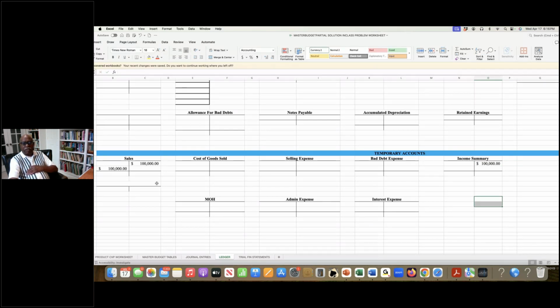The same thing will happen with the expenses. I'll let you practice on that. And then that third closing entry, so this is closing entry 1 here.